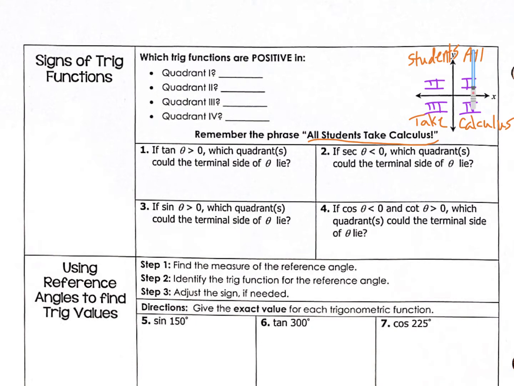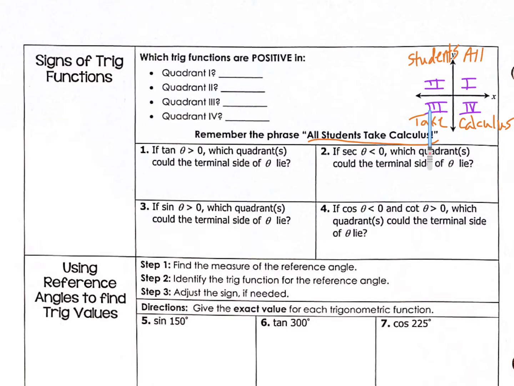So what all means is that all trig functions, sine, cosine, tangent, and their inverses, will all be positive. All of this refers to just positive values. In quadrant 2, the only trig function that is positive is sine and its reciprocal function, which is cosecant.